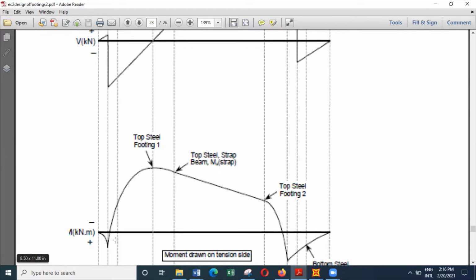The bending moment is considered as positive in the clockwise direction and negative in the anti-clockwise direction. And the bending moment diagram is drawn on the tension side, or the positive value is taken on the tension side.